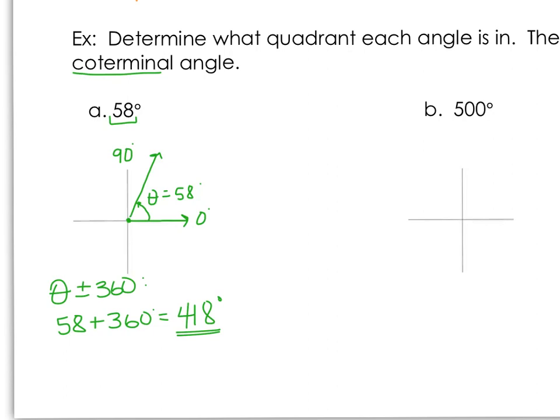If we go in the clockwise direction, meaning we subtract 360, we would get negative 302 degrees. We'd start with our initial ray and then still rotate clockwise 302 degrees, and we end up on that terminal side. And that's finding coterminal angles.